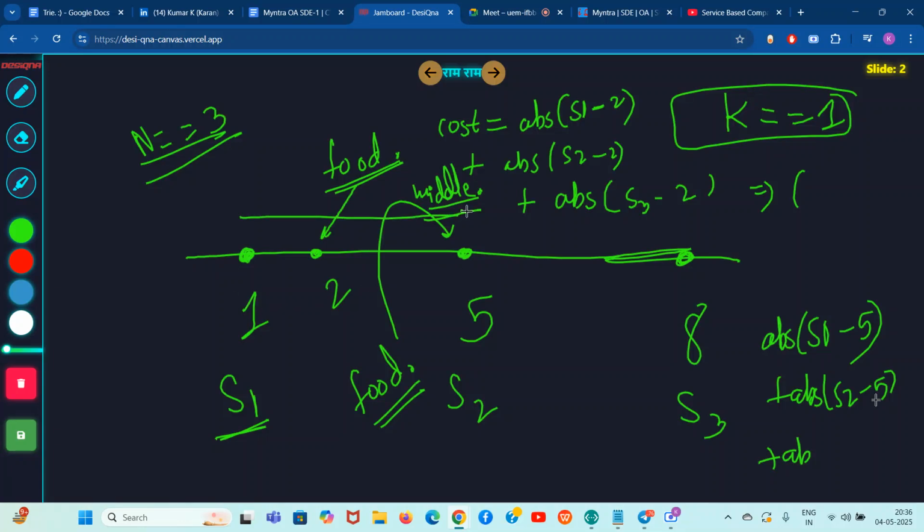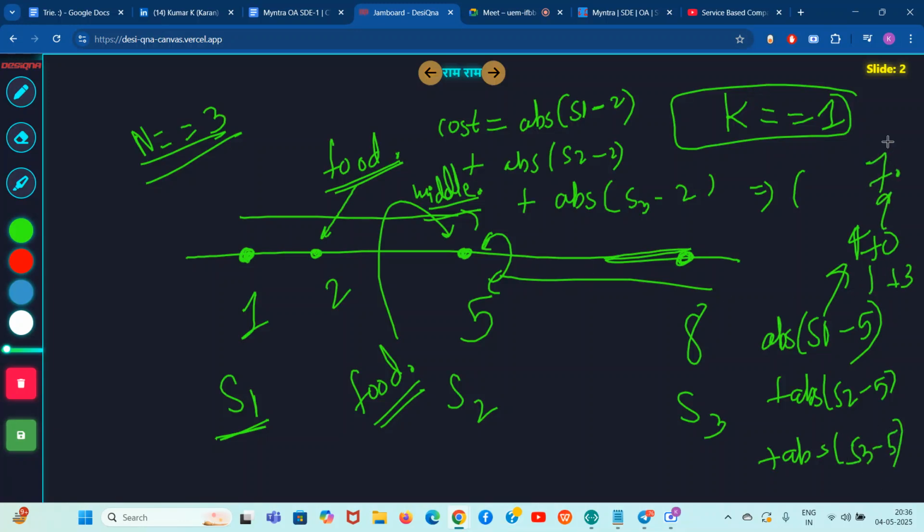So 1 to 5 will take 4. The squirrel at 5 is already at 5, so 5 minus 5 is 0. 8 to 5 is 3. So 4 plus 0 plus 3 is 7.